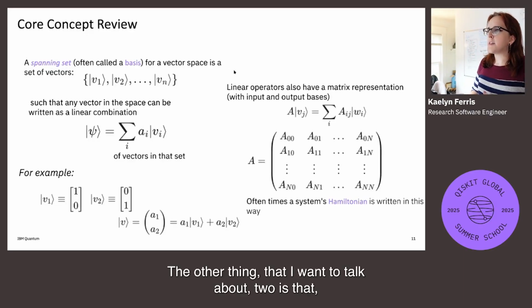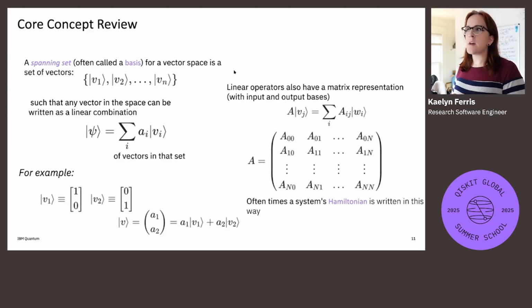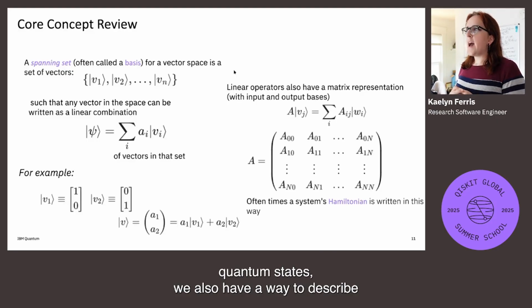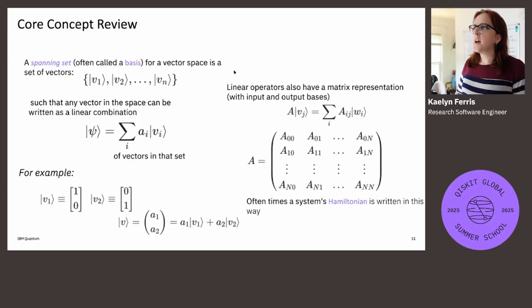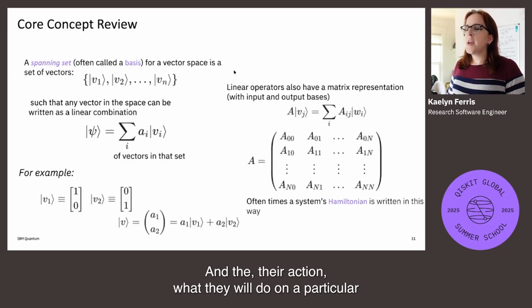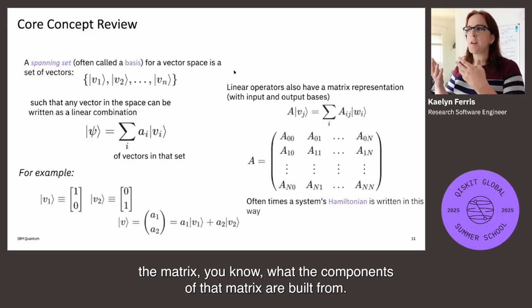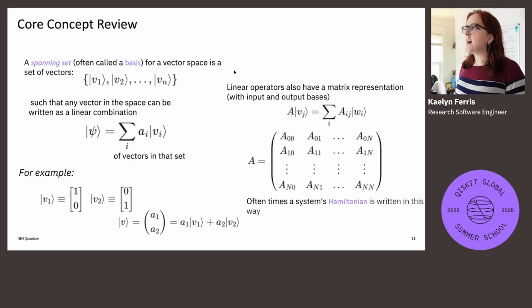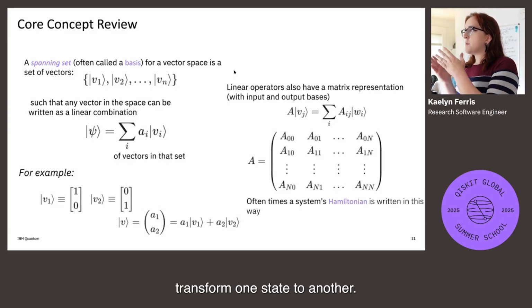The other thing that I want to talk about is that not only do we have this state vector representation for quantum states, we also have a way to describe the operators, the observables that we use in quantum mechanics. And these will typically have a matrix representation. Their action, what they will do on a particular wave function or state vector, will depend on what the components of that matrix are built from. And so they might transform one state to another.